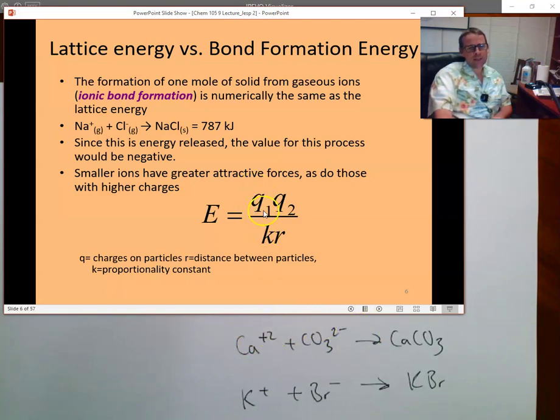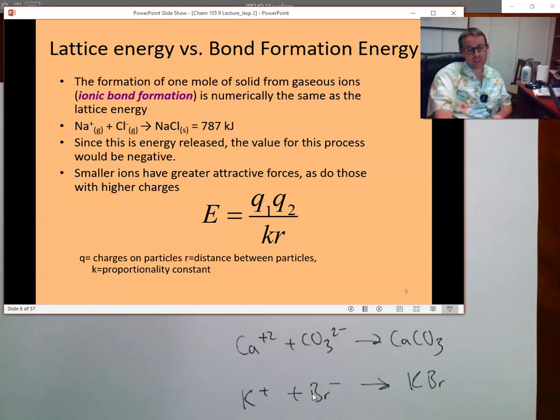So it's likely that the calcium carbonate is going to have a larger energy here because the charge is larger, right? For potassium bromide it'd be 1 and 1, so 1 times 1 on top. Here we'd have 2 times 2, so 4 on top. Now the other factor, we might say potassium and bromine are very small.